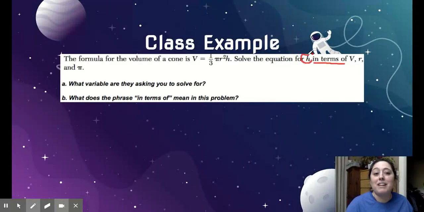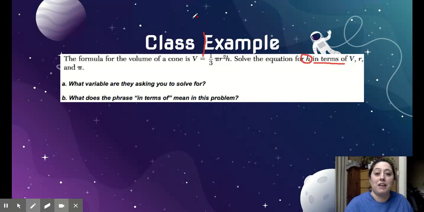So again, remember, in literal equations, they always tell you which variable to solve for, and that means to isolate it. So it is the only thing on its side of the equal sign. And remember that I've got this equal sign here. This is like the balance beam, right?